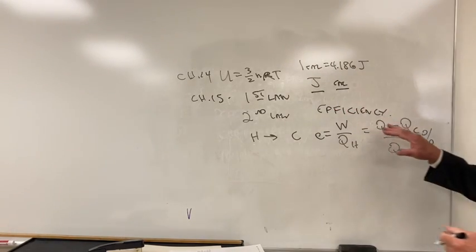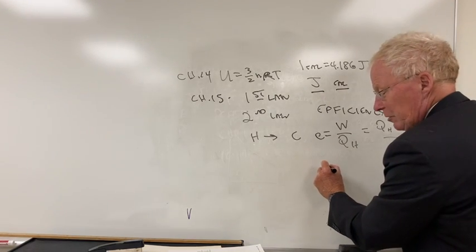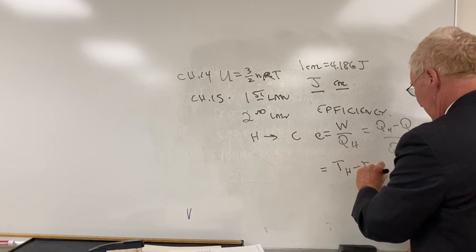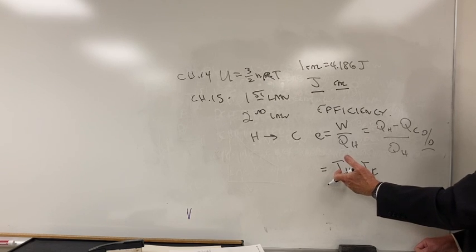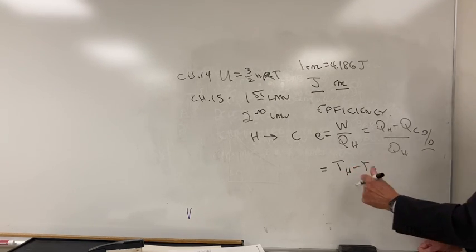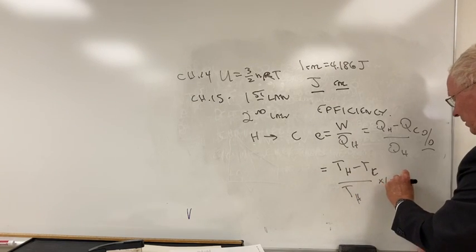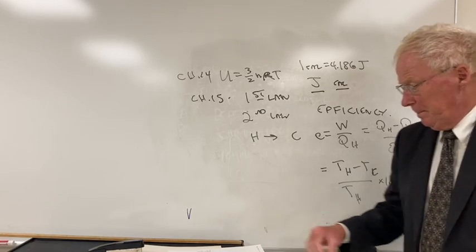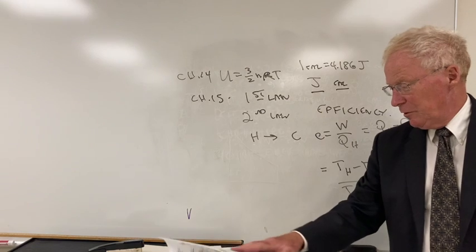If we do it in terms of heat, that's what we get in terms of temperature. T hot, so we can measure the temperature of the incoming gas in the system. The temperature of the gas exhausted divided by T hot times 100%. That's our efficiency of an engine. All right, we talked about that.